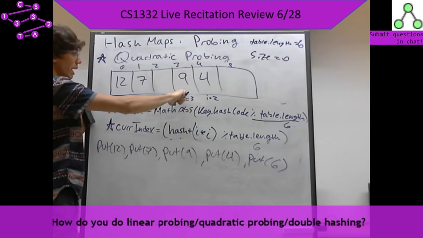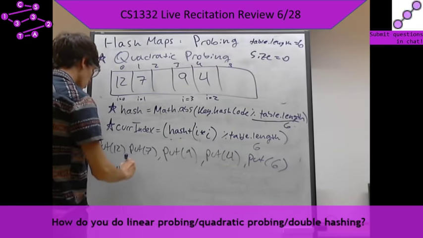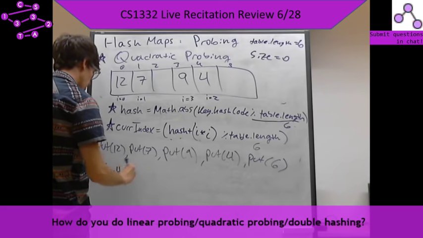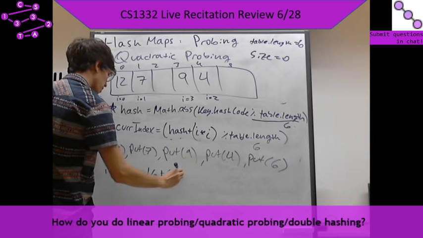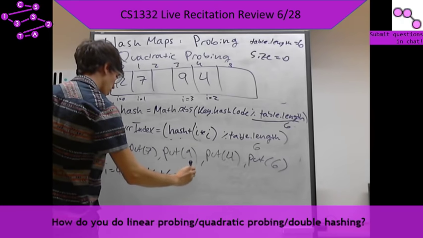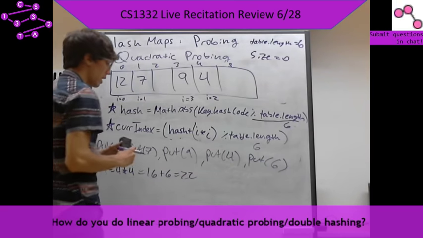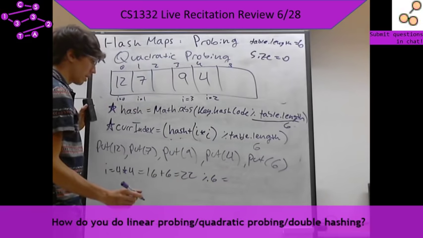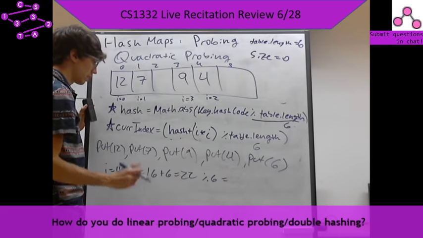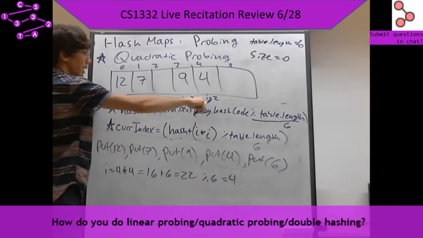When we try to probe again, when i equals 4, right, 4 times 4 is going to equal 16, plus 6 is going to give us 22. And when we mod that by 6, we are again back at 4. So we're right back here.